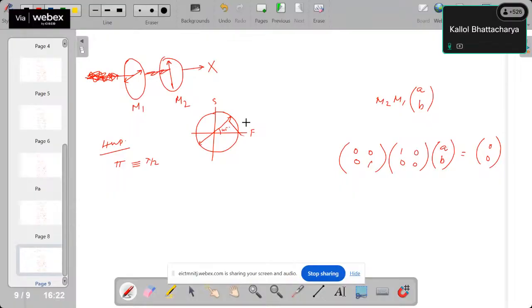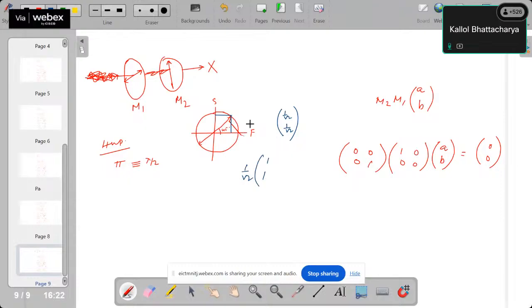So the x component and the y component are identical. Well, what happens after they pass out? Immediately after entering the half wave plate, the x and y components are 1 by root 2, 1 by root 2. They haven't traveled through the half wave plate as such. We can bring out 1 by root 2, so this is 1, 1.